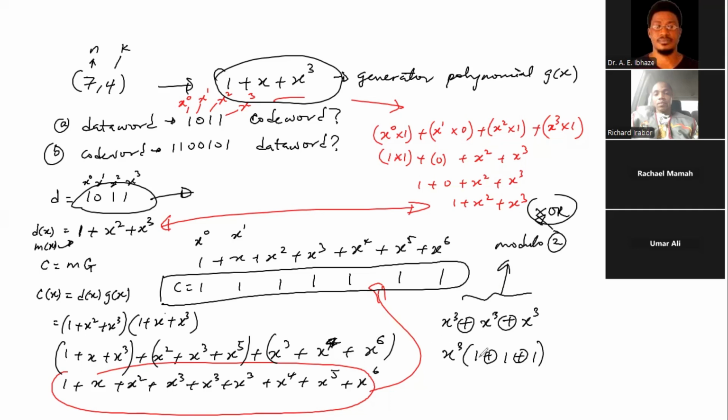Yes. So from modulo 2 addition, 1 plus 1 is supposed to give us 2. But since we are in the binary vector space of 2, let me designate this properly. So the vector space is 2, right?